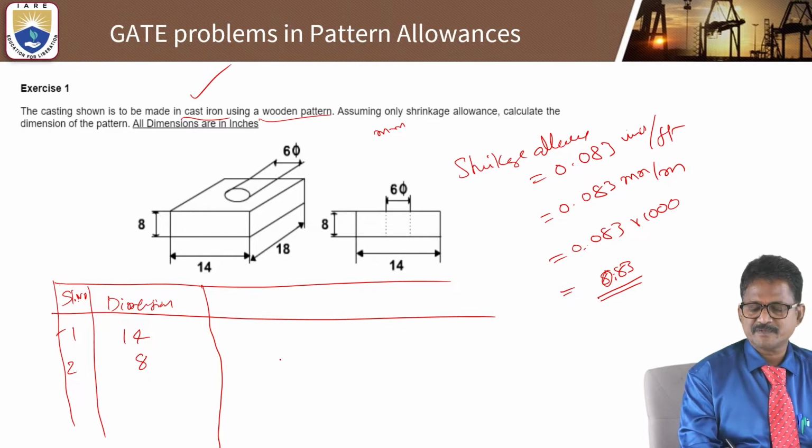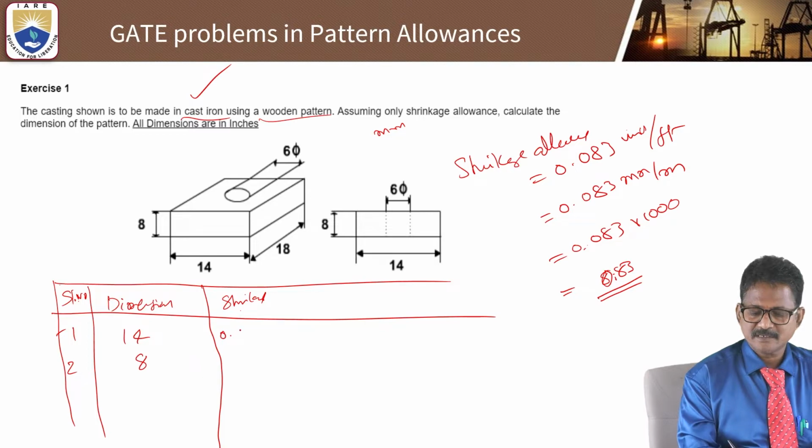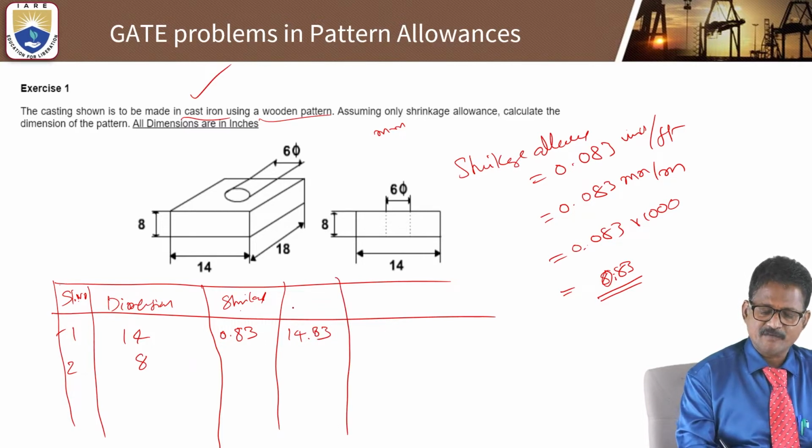These two are very important. Here the allowance is the shrinkage allowance. You can add 0.83. By adding the shrinkage allowance, 14.83 mm is to be added, which is the new dimension after applying the shrinkage allowance.